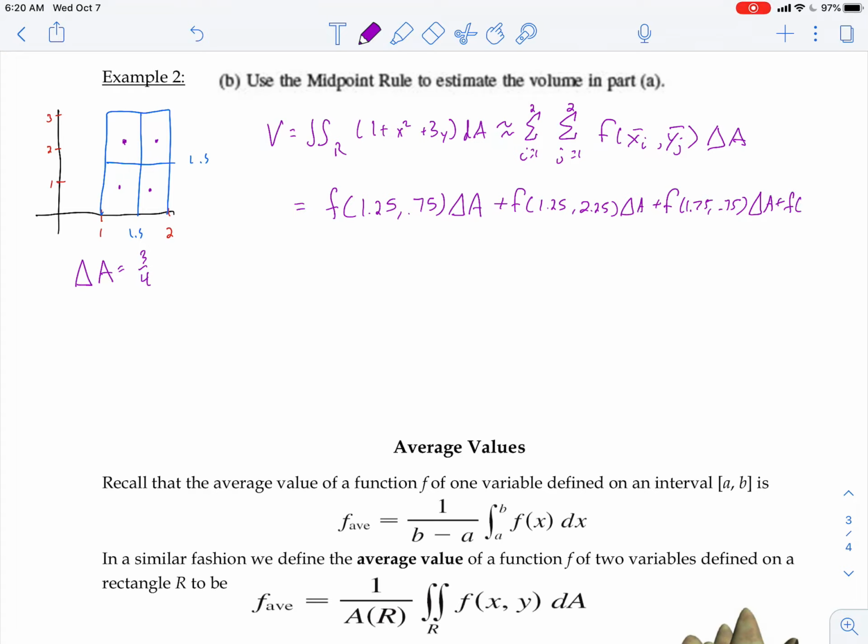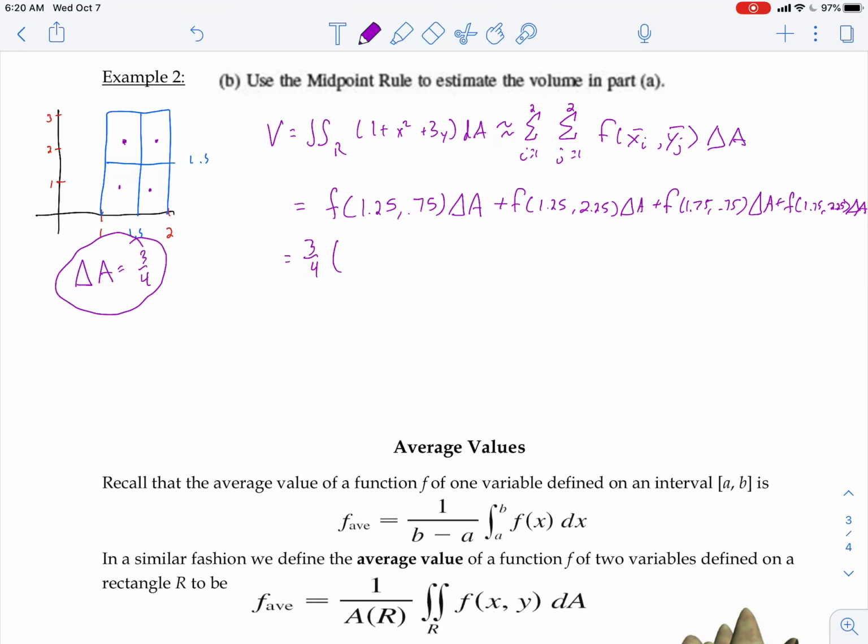Plus f of 1.75 and 2.25, times delta A. I just barely made it, and I say barely because that looks awful at the end. Now I could pull out a delta A. So this time I'm just going to pull out my delta A. Remember, all my delta A's are 3/4, so I'm going to have 3/4 on the outside. That way I can just do all the heights individually.